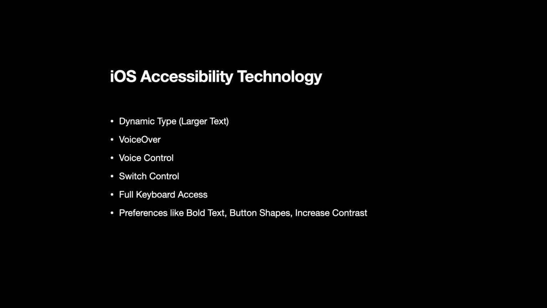Switch control, which is a focus-based navigation system controlled by on-device or external hardware switches. Full keyboard access, which allows you to navigate with an external keyboard. There are a lot of preferences too, like bold text, button shapes, increased contrast, reduce motion. You can use many of these technologies together, like VoiceOver and voice control at the same time.